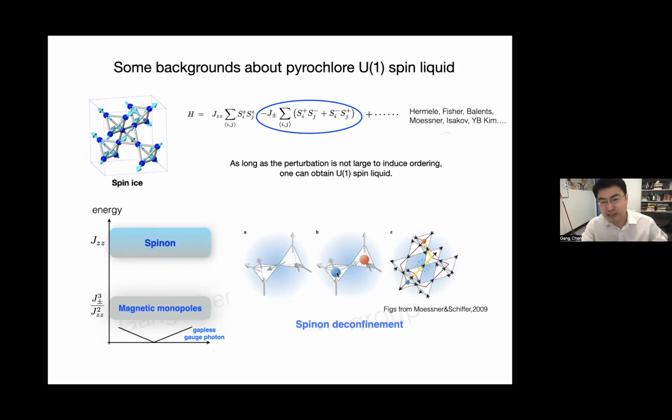Spinons have a classical analog, which is connected to Castelnovo's original idea of classical monopoles in classical spin ice. But the magnetic monopole I'm talking about today is a purely quantum mechanical object. It has no classical analog. It's a topological defect of the vector gauge potential. We'll see that more clearly in later slides.